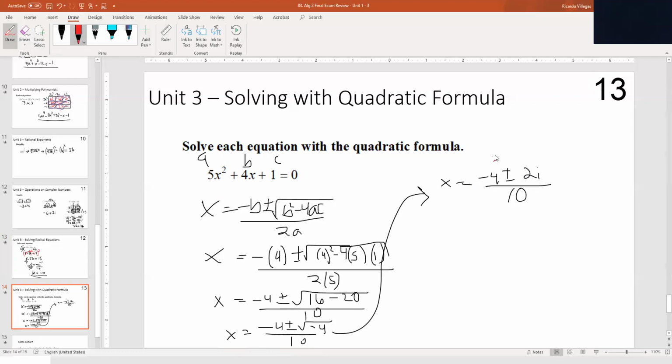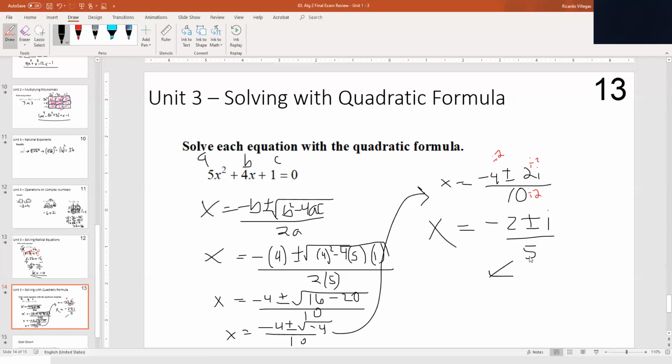All of these can be reduced by dividing everything by 2. So if I simplify this by dividing everything by 2, I get x is equal to negative 2 plus or minus i all over 5.